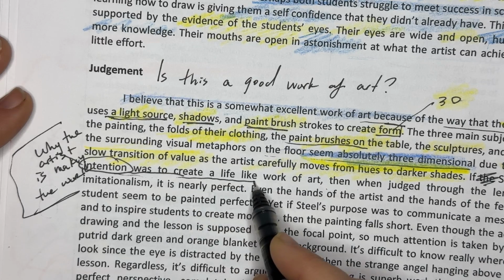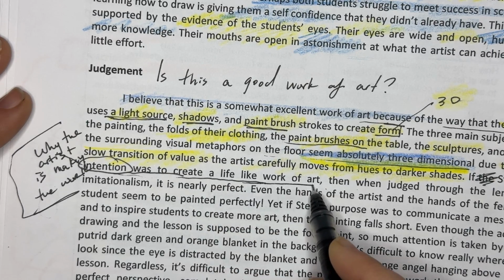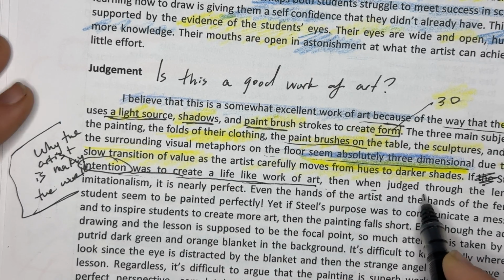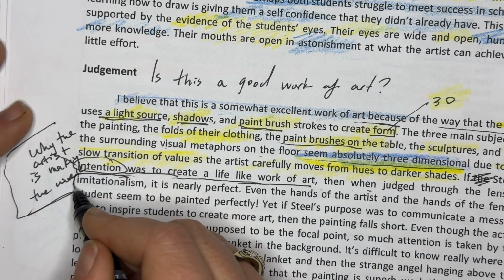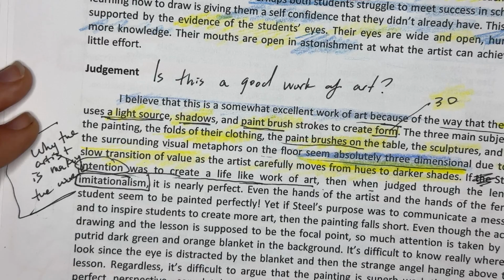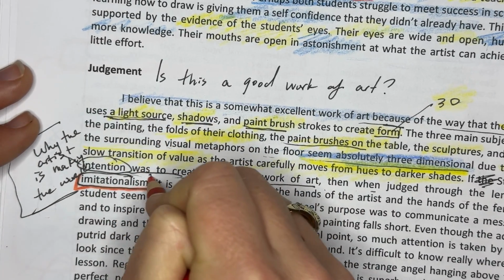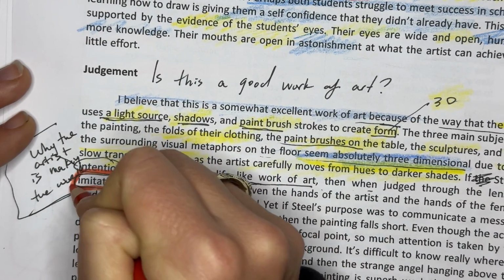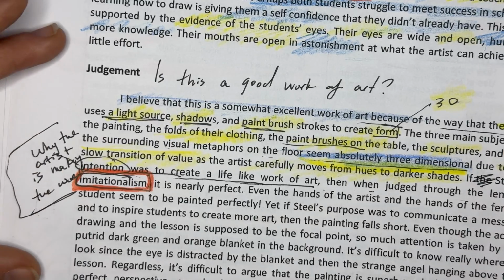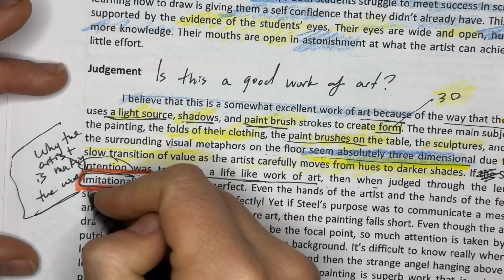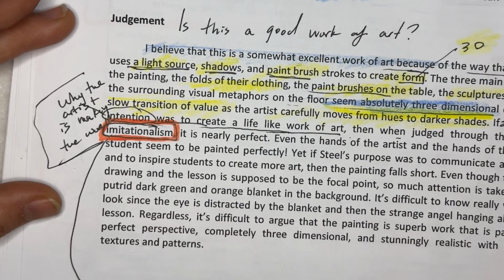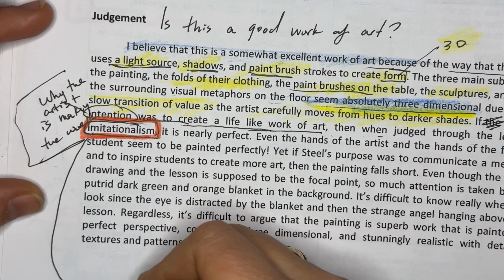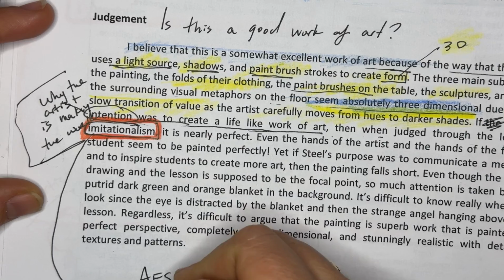If the intention was to create a life-like work of art, then when judged through the lens of imitationalism, okay, crap. So this is an aesthetic theory. So maybe I do need to teach this today. Imitationalism is an aesthetic theory, right? So this is why the artist is creating the work, right? So we will learn about aesthetic theories then.